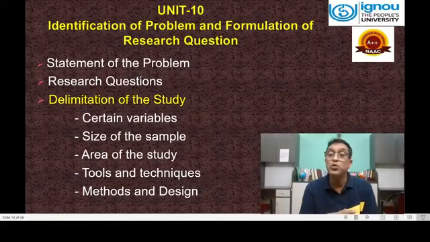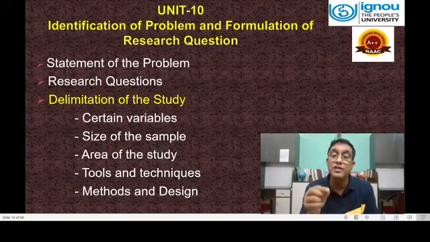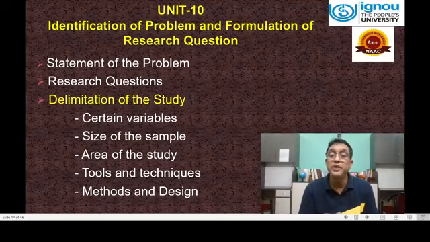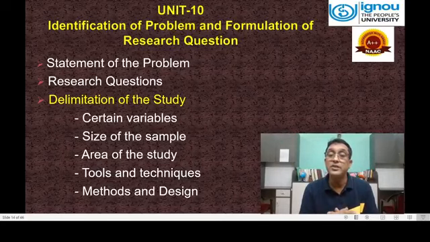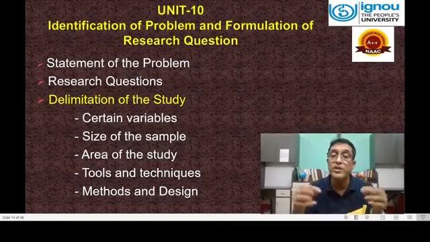So you can delimit it so that the title of the study addresses a state, but so far as districts are concerned, 20% of districts will be taken for conducting the study. Let the state have 50 districts, so 20% will be 10 districts. You can randomly select 10 districts and conduct your study.